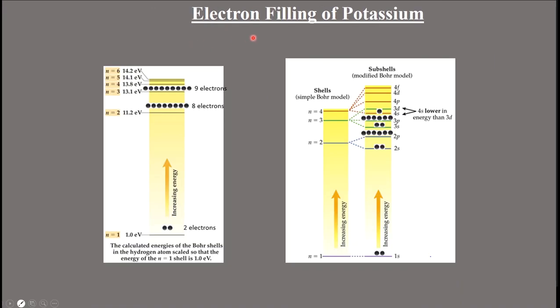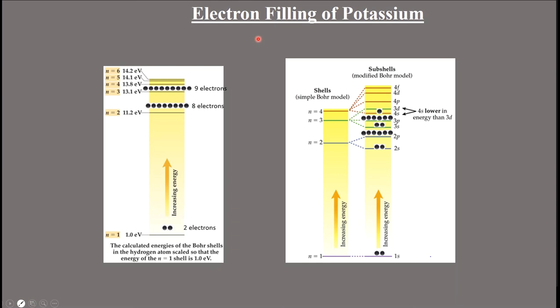Let's see how subshells help to solve the problem of electron filling of potassium and justify why potassium is in group 1A. Remember that according to Bohr, elements with similar chemical properties have identical valence shell electron configuration, and potassium is from group 1A with lithium and sodium.